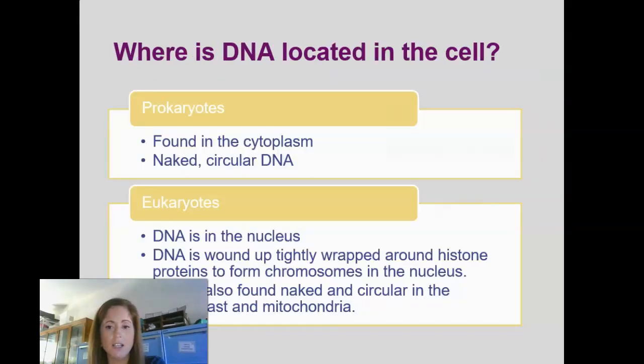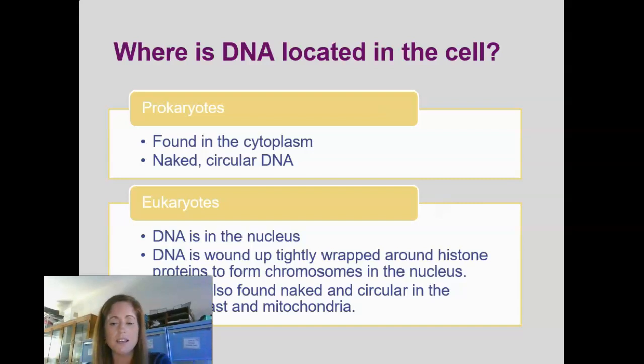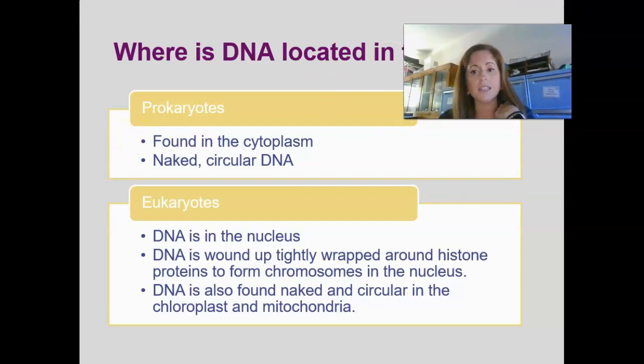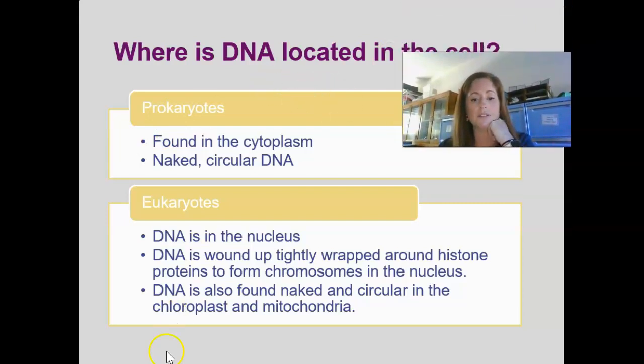So where is DNA located? It depends on what kind of organism you are. If you are a prokaryote, then DNA will be located in the cytoplasm. Prokaryotes, you might recall, don't have a nucleus or any membrane-bound organelles at all, and so their DNA is found in the cytoplasm.